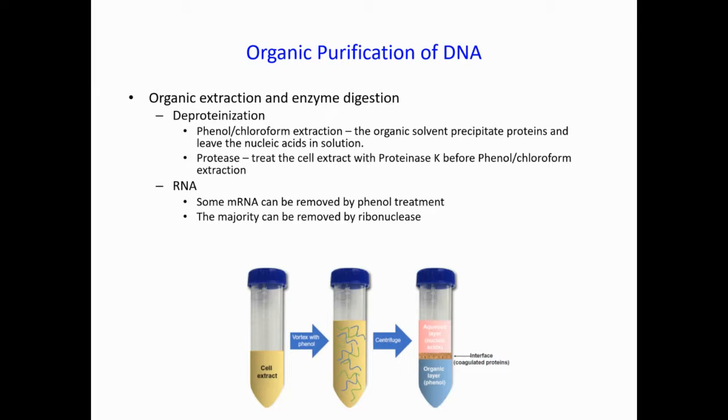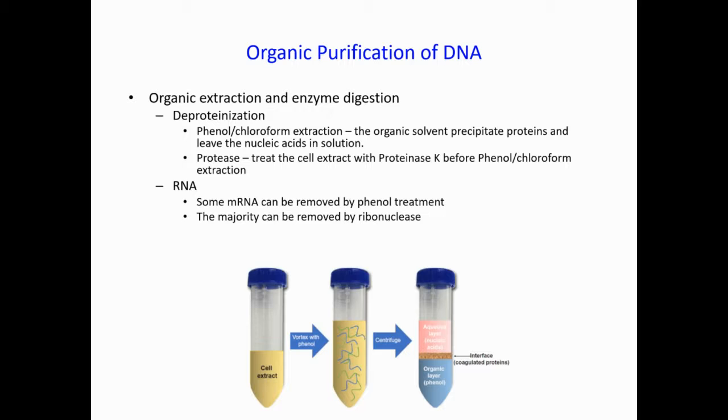Okay, and sometimes the protein content is so great that a single phenol extraction probably is not sufficient to completely purify the nucleic acid. Then you can perform several phenol extractions, one after the other, so that you can remove the protein completely.